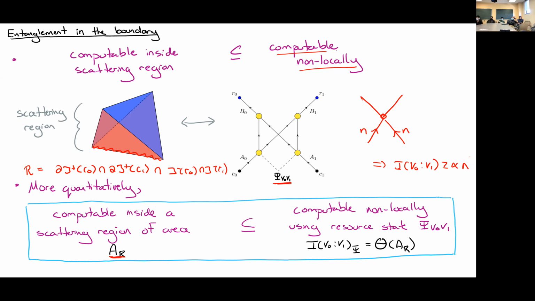I see. Thank you. In general, we know very little about lower bounds. We expect that generically you do need entanglement, but we can only prove it in very specific cases.